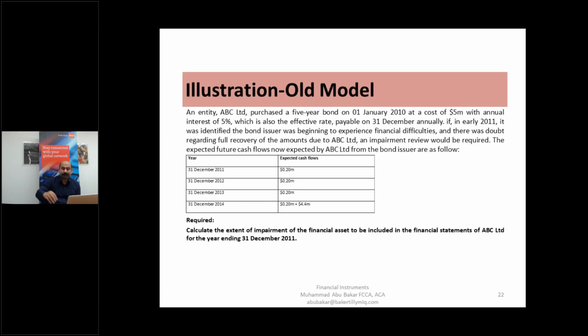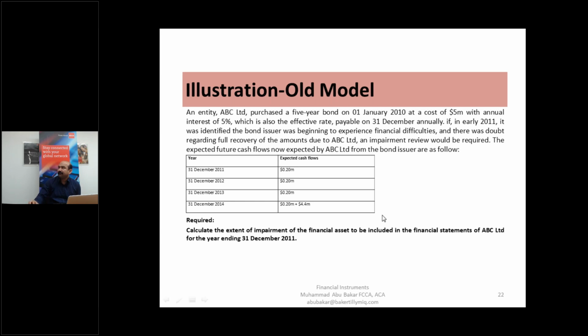Calculate the extent of impairment of the financial asset to be included in the financial statement of ABC Limited for the year ending 31st December 2011.